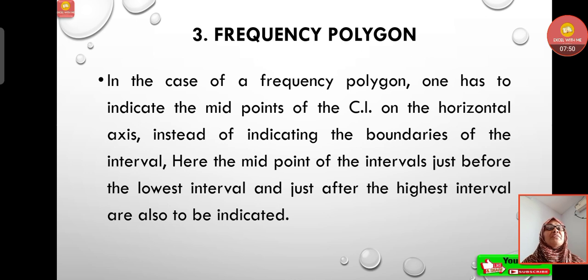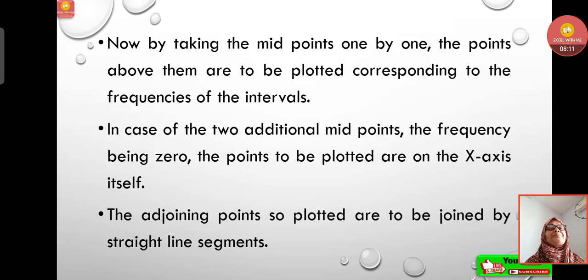The third one is the frequency polygon. In the case of a frequency polygon, one has to indicate the midpoints of the class intervals on the horizontal axis instead of indicating the boundaries. The midpoints of the intervals just before the lowest interval and just after the highest interval are also to be indicated here.